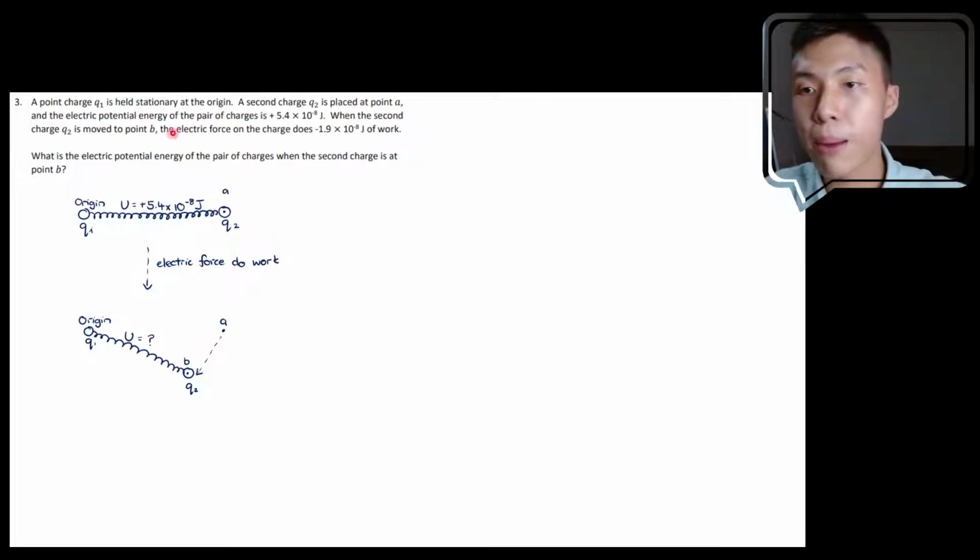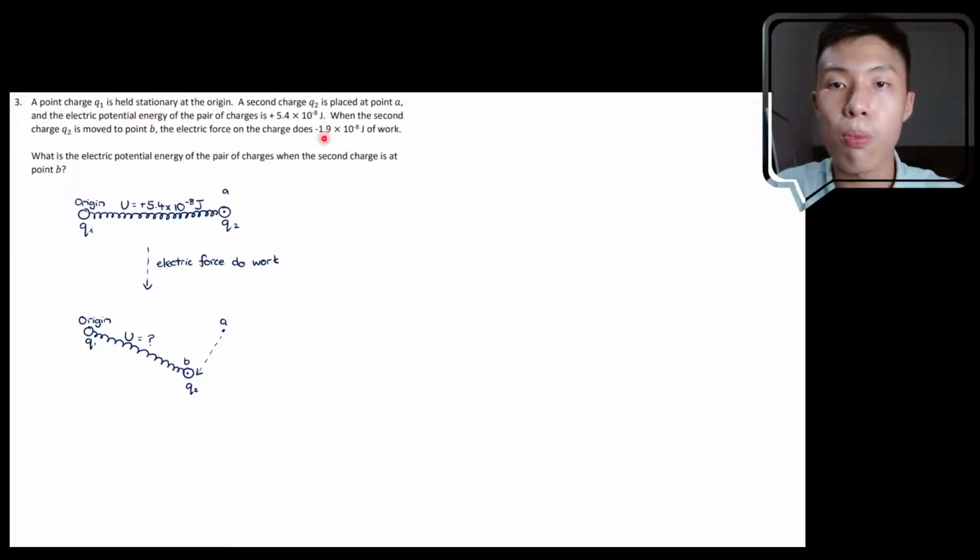Okay, so let's fill in the numbers. When the second point charge is moved to point B, so Q2 is now at point B, the electric force on the charge does negative 1.9 times 10 to the power negative 8 joule of work. So it's the electric force that does the work. How much work? Negative 1.9 times 10 to the power negative 8 joule.